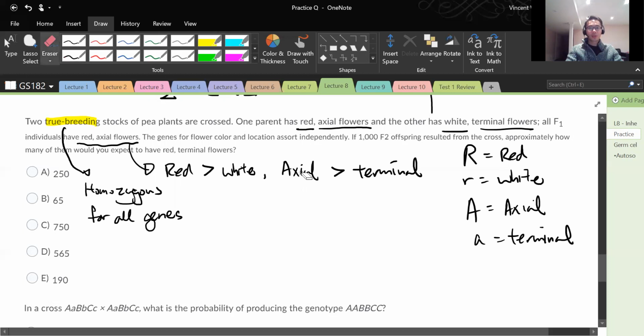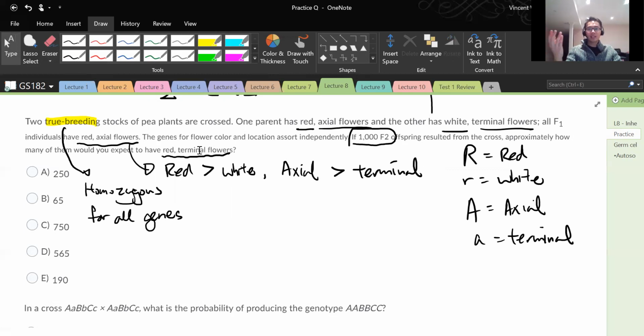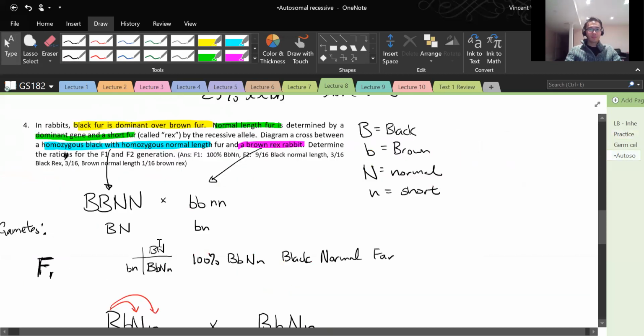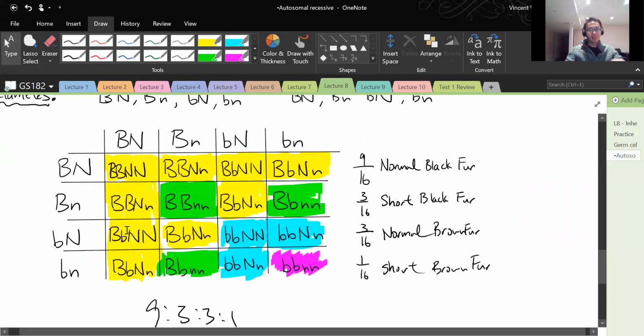Okay, so they're saying if there are 1,000 F2 offspring, how many of them will be red and terminal? So if you get this question on the quiz, you are not going to waste 5 minutes to draw this chart.